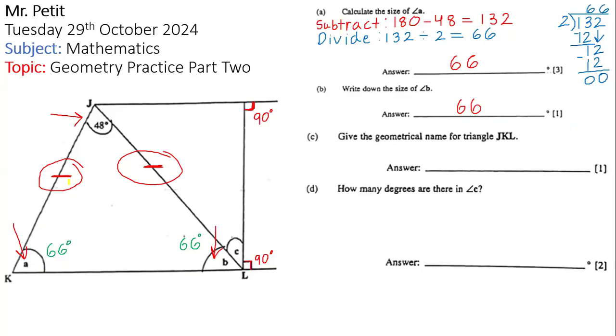This is the first triangle. JKL. It forms an L shape. Isosceles. JKL. What type of triangle is that? Triangle JKL. What type of triangle is that?